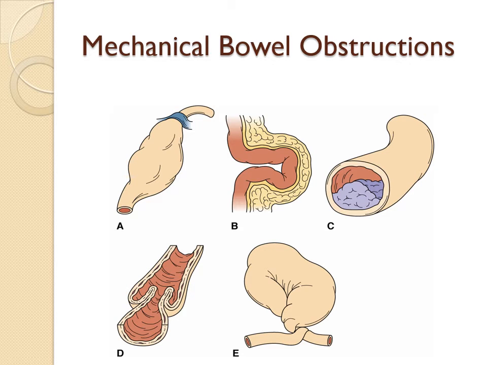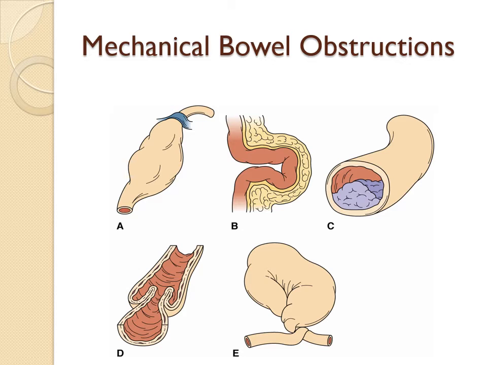Here's some of those mechanical obstructions that I had mentioned previously. The picture shows some of those disorders. You're looking at an adhesion, where scar tissue is wrapped up or overlapping an area of the bowel.